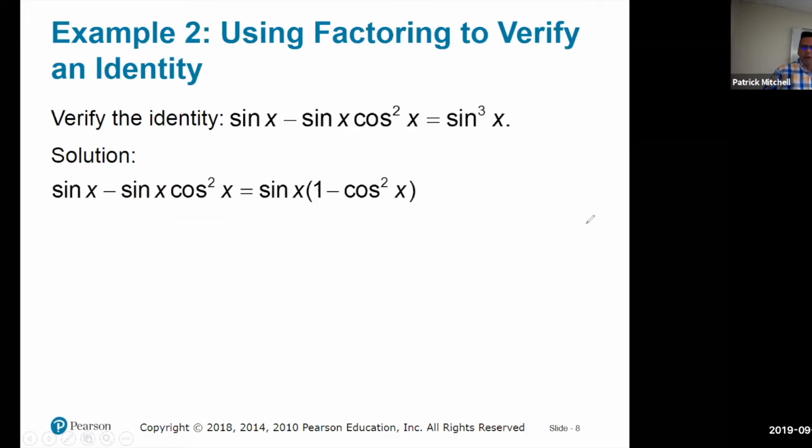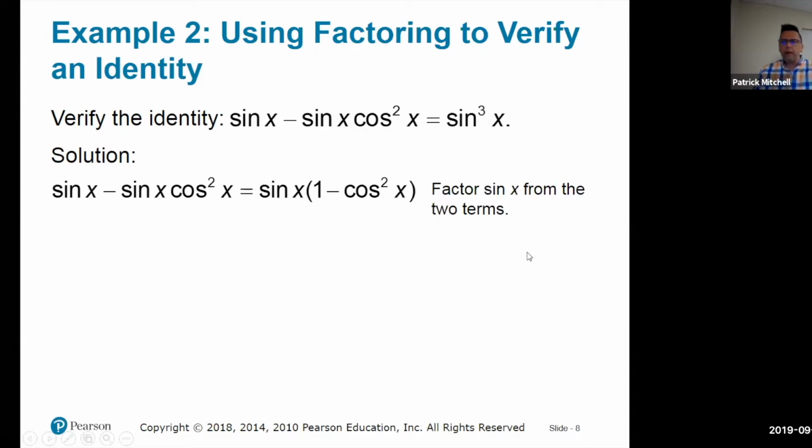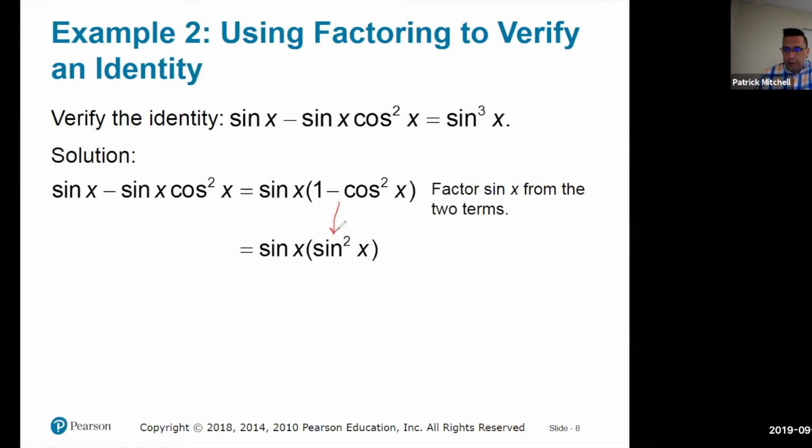Now, that was just factoring. Now I'm going to use my Pythagorean identity to rewrite 1 minus cosine squared x as sine squared x. Let's talk about that for a second. Earlier I showed you one of the Pythagorean identities.